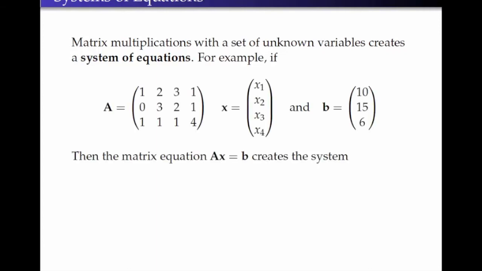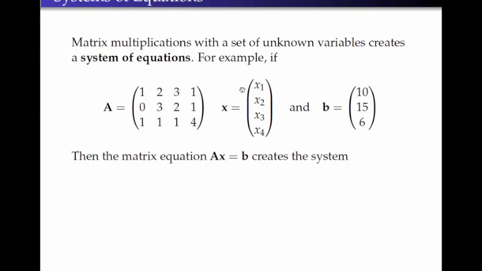So for example, here I have a matrix A, a vector x that has some unknown quantities, x1 through x4, and I have a vector B that has some known quantities. So if I look at this matrix equation, AX equals B, I'm multiplying A times X. So I'm multiplying every row of A times X.